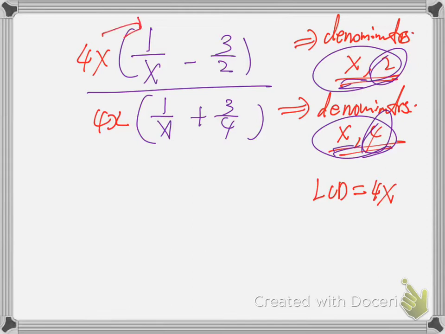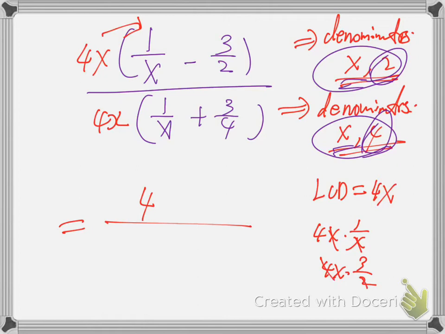Now distribution: 4x times 1 over x, the x cancels, so 4 times 1 is 4. And 4x times 3 over 2, the 2 cancels, so we get 2x times 3, so minus 6x.